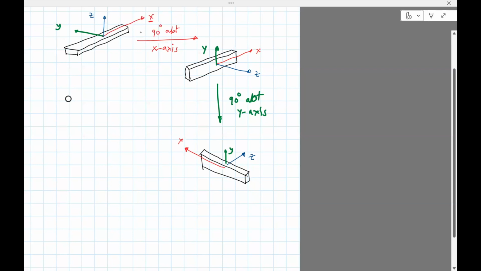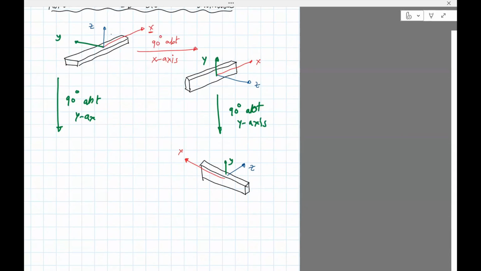Now let's do the reverse way. So start with 90 degrees about y-axis. So point the thumb of your right hand along y-axis and turn it by 90 degrees. So this will look like this.